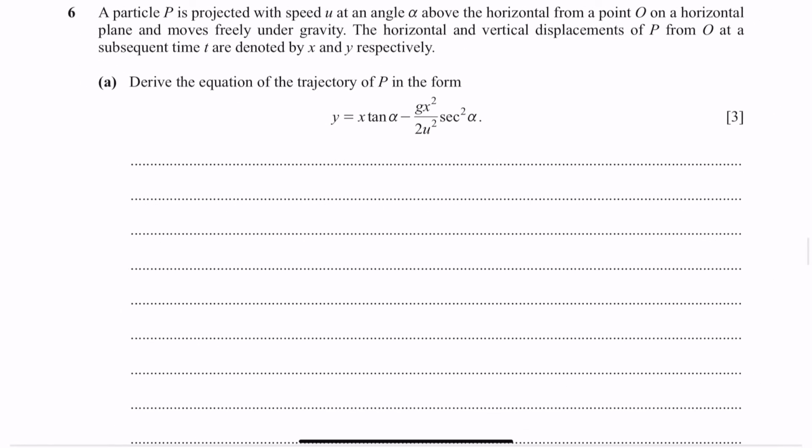We would use this equation, but in the horizontal displacement. So horizontal displacement would be x, and the initial horizontal velocity would be u cos alpha times t, and the acceleration would be 0 because there's no horizontal force. So t would simply be x over u cos alpha.